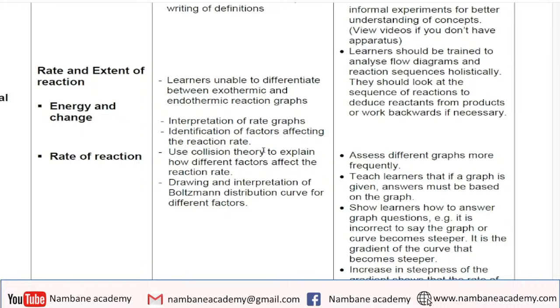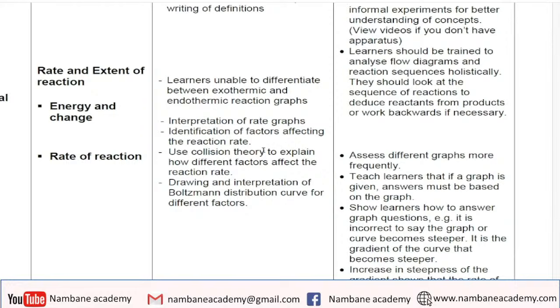But if that factor has been decreased, then it will be less effective collisions per unit time. Then the second point has to talk to the two conditions of effective collisions, either the correct orientation or sufficient kinetic energy. Our learners must know that. And then the first point will differ depending on the factor that we are changing. That is very, very important.